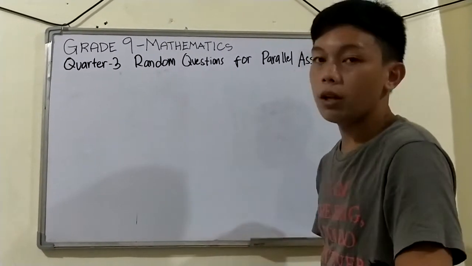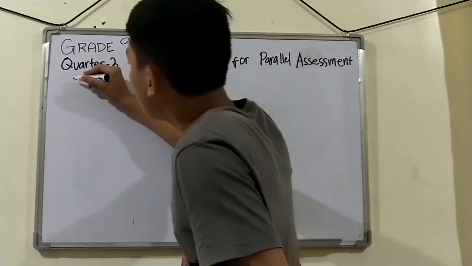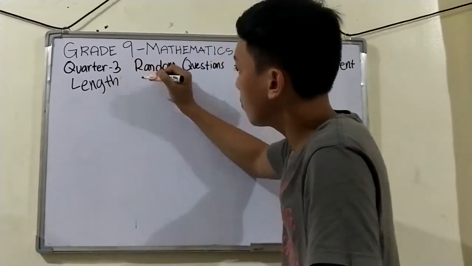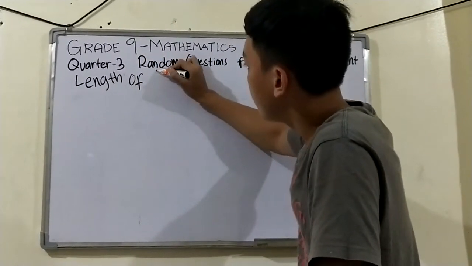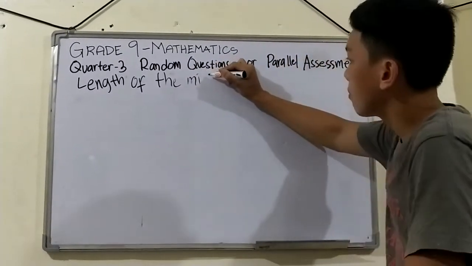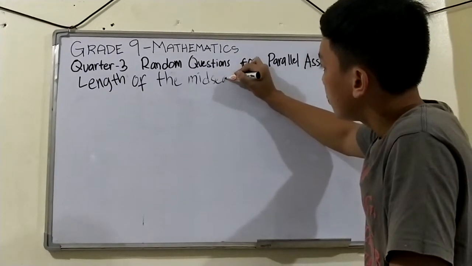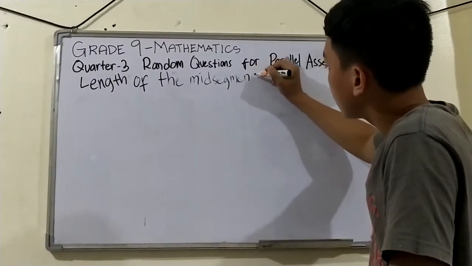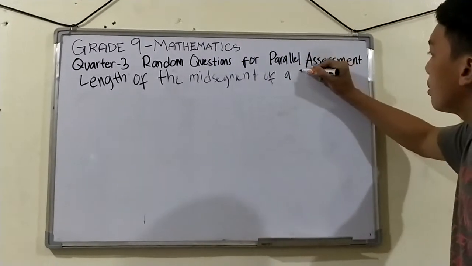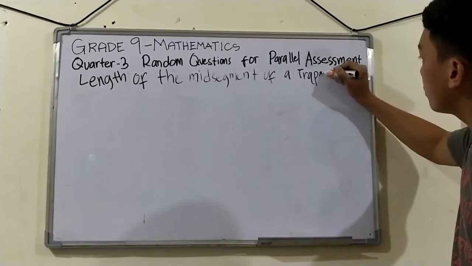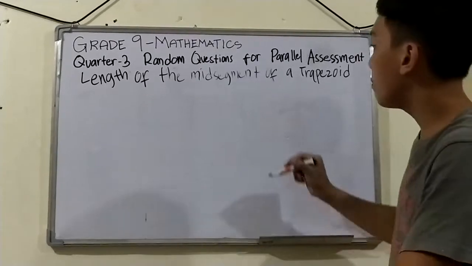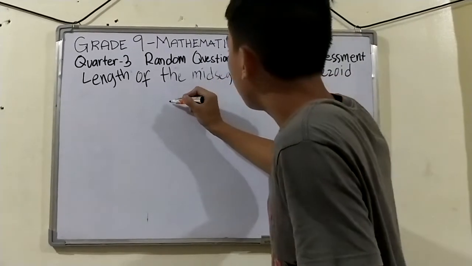So in our first problem, it is all about the length of the mid-segment of a trapezoid. So we have here an example of a trapezoid.